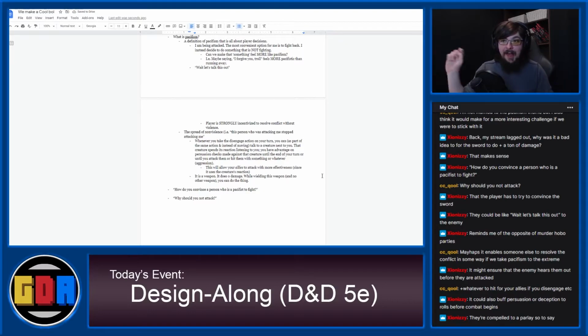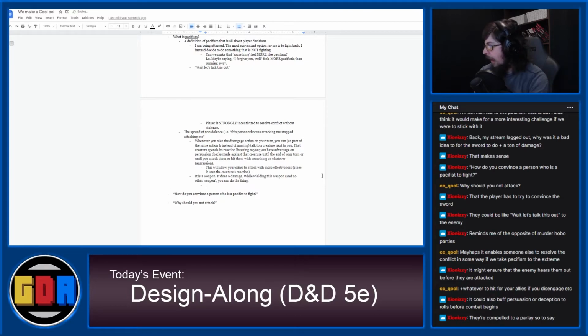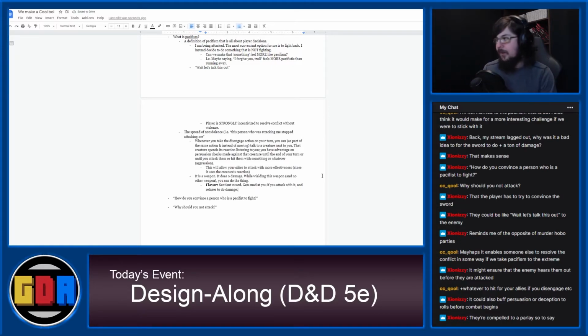So you have a sword, and it's actually a sword, and it's a sentient sword, and then we can add flavor to that, where the sentient sword gets mad at you if you attack with it, and refuses to do damage. It's a regular sword, but if you attack with it, it just decides, nope, I'm not going to do any damage. It just can do that for whatever reason. Magic reasons.